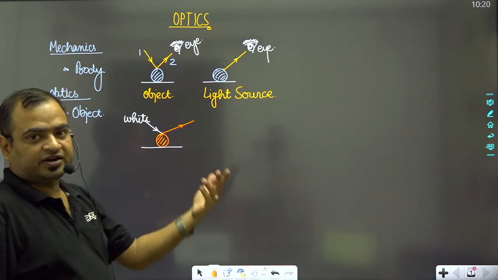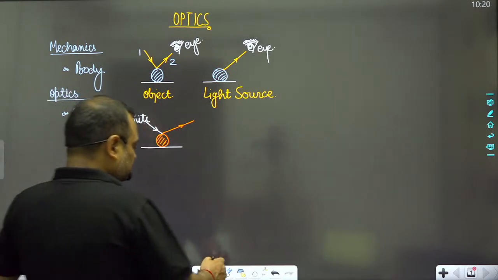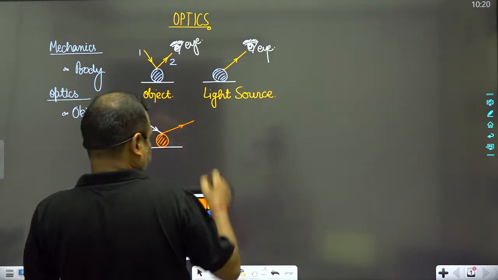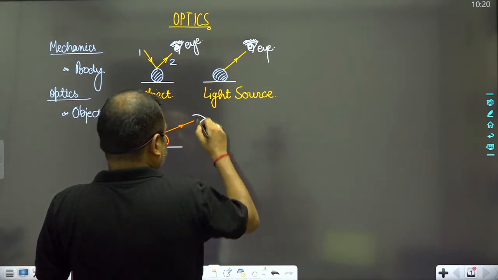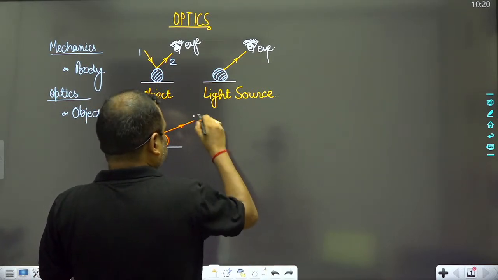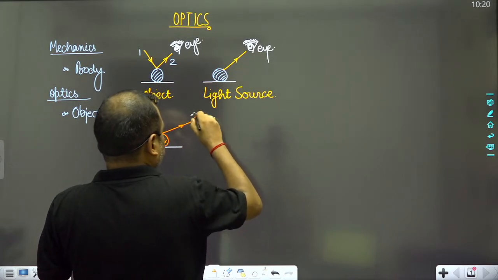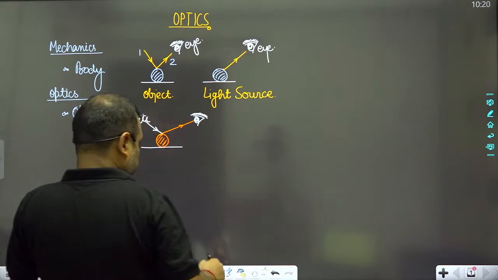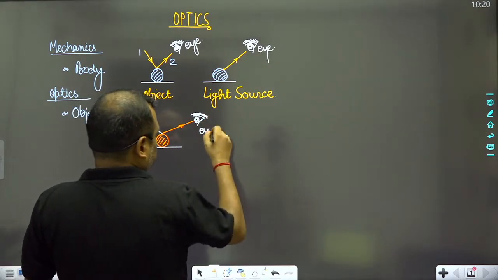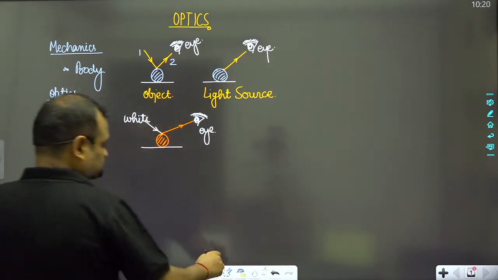Only one color is reflected, and that color falls into the human eyes, like this. So this is the eye.